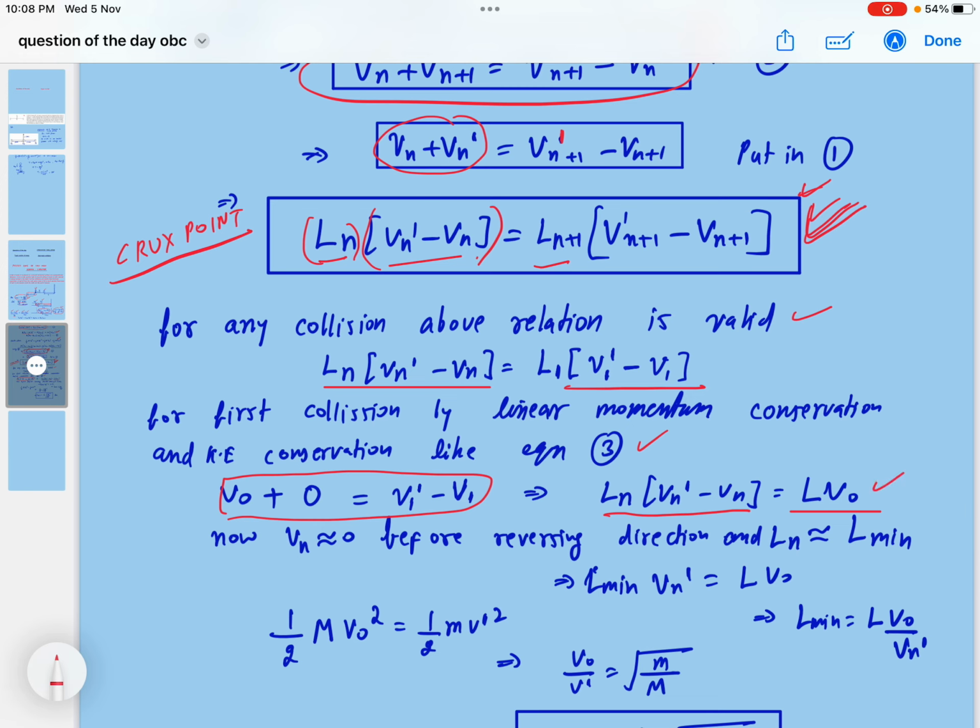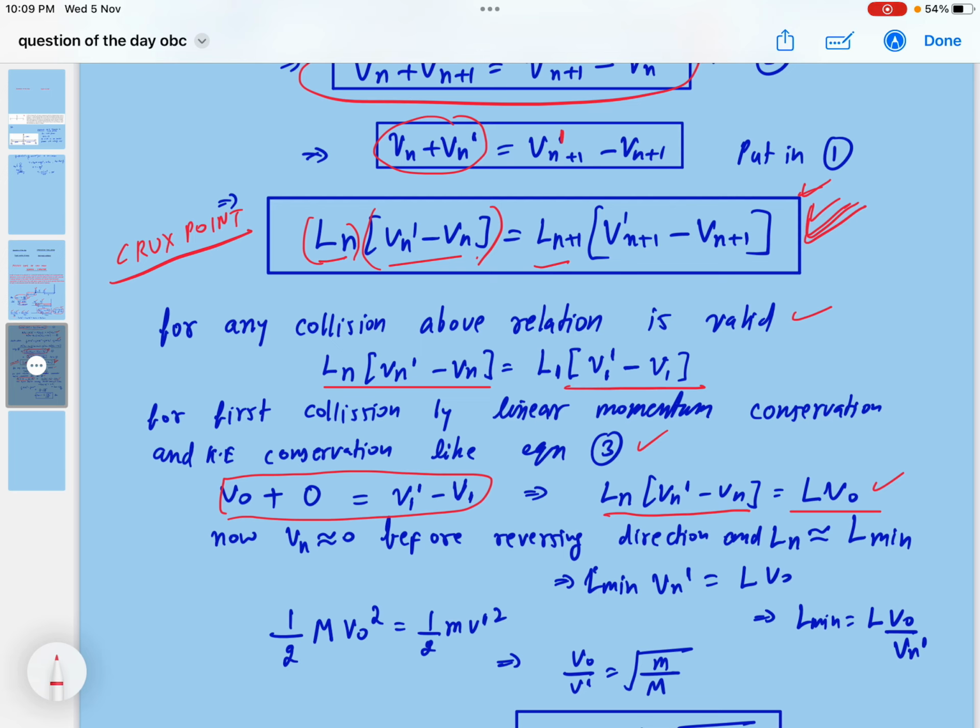Now, what about this Vn dash? Here, what is the nth collision? It is when the heavier ball is just about to take a turn. The velocity of the heavier ball is very less and it is about to take a turn, beta, right?